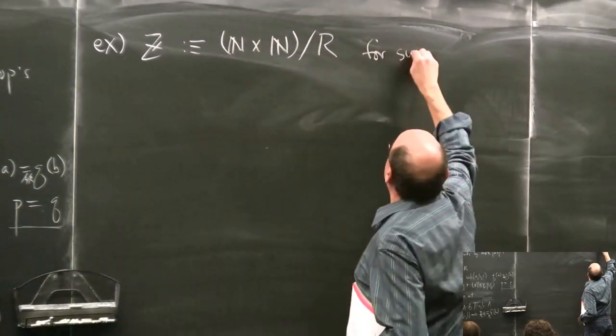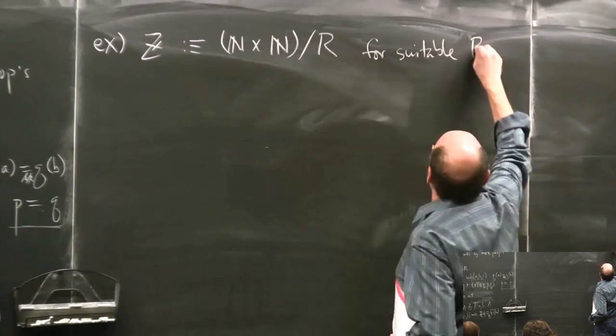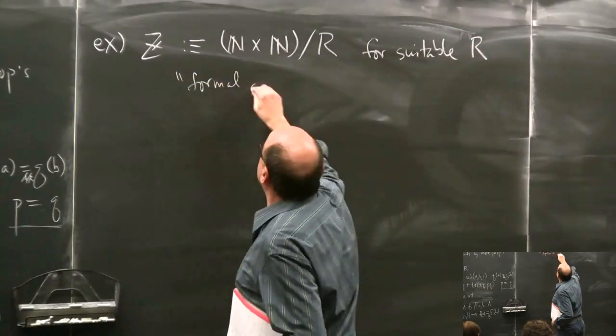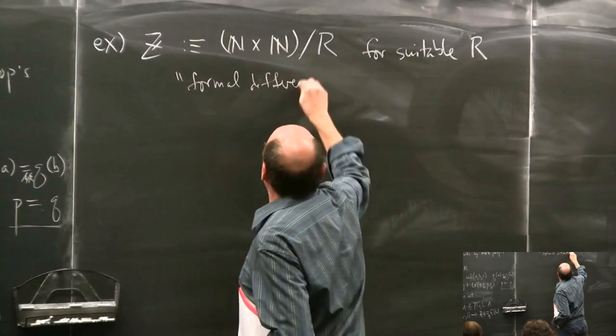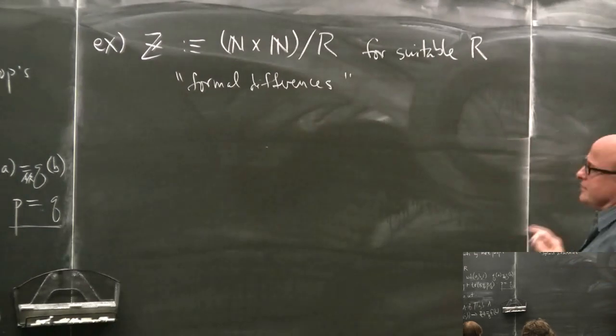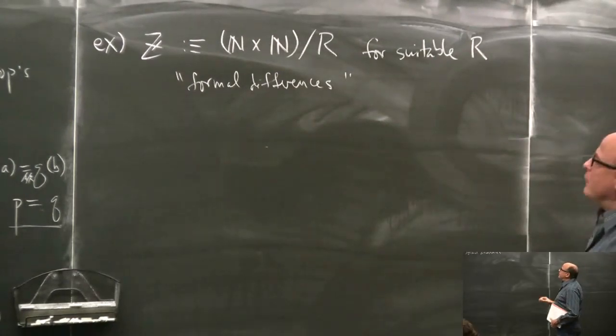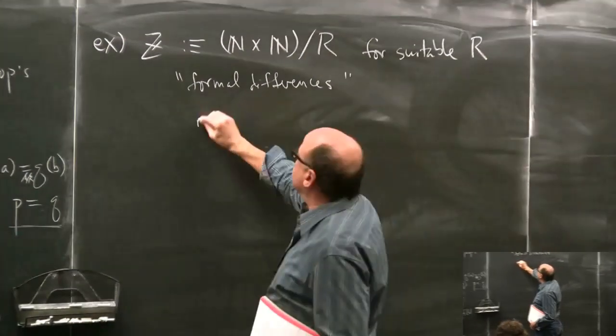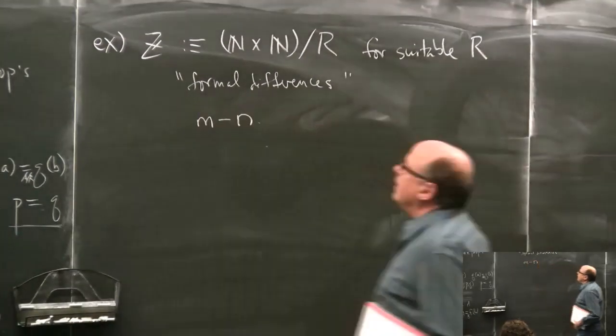And what is a suitable R? Well, the usual construction is we can represent them as formal differences of natural numbers. There are various ways you can set this up, because you can choose canonical representatives. But the idea is you can just think of an integer as a formal difference.